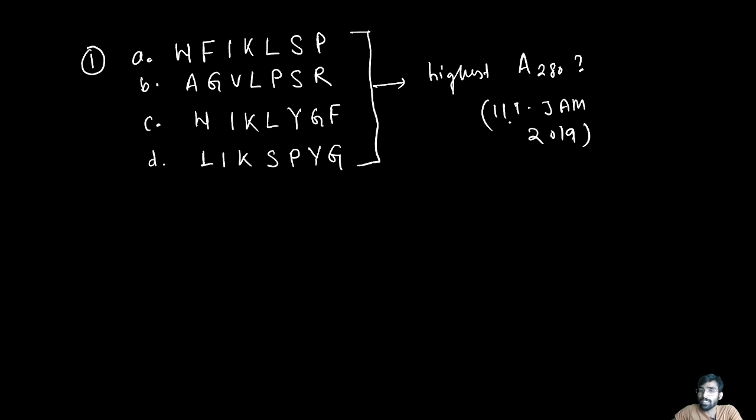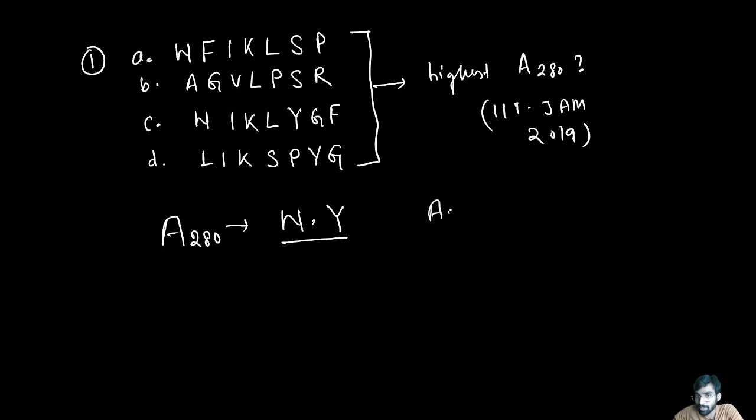2019, right? Now, if you want to solve this kind of question, you have to think which amino acid is responsible for absorbance at 280. For A280, the responsible amino acids are mainly tryptophan and tyrosine, because these two amino acids are aromatic in nature and they absorb strongly at 280 nanometer.